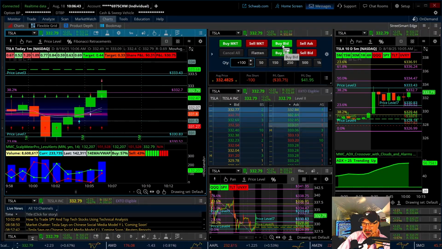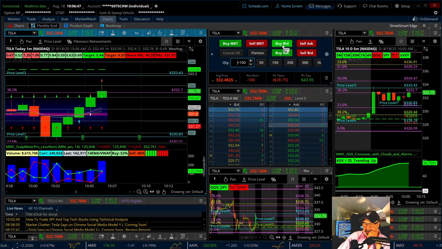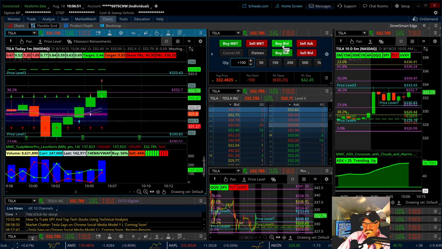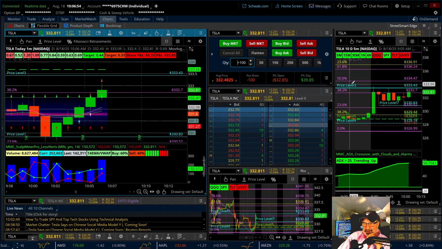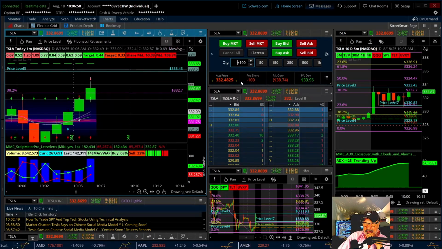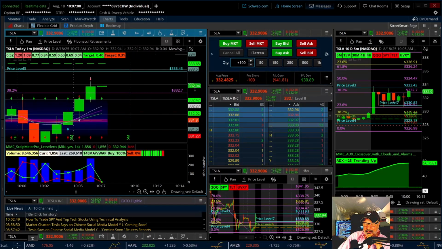Full share size is 200. You will not see me do that unless we see a real reversal. It's time to pull back off this consolidation level. So obviously the price numbers get higher when you have more shares.